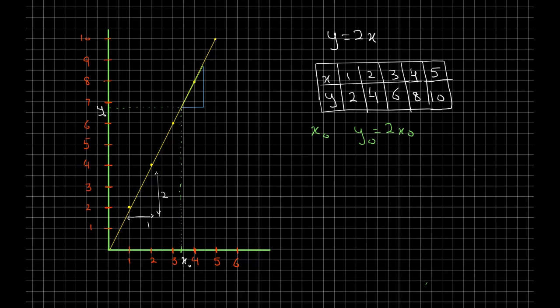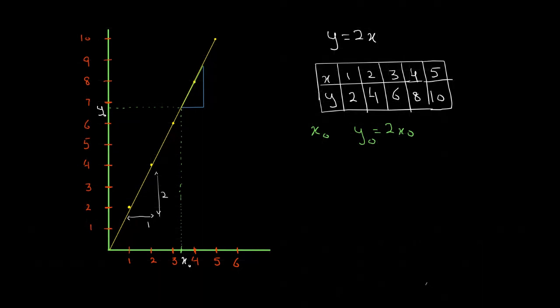Okay, so now if I have y naught equal to 2x naught, let's say I move forward by 1 unit. Then let's say x1 is equal to x naught plus 1. If this is x naught, then x1 would be right over here, because I've just moved forward by 1 unit.